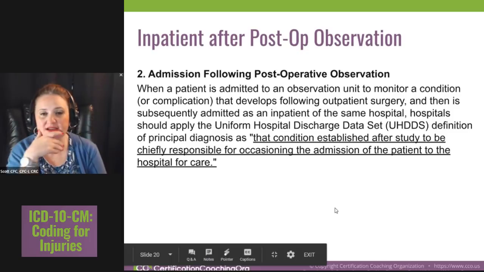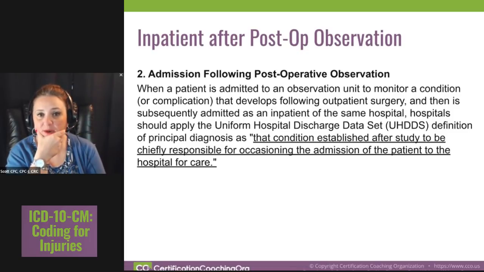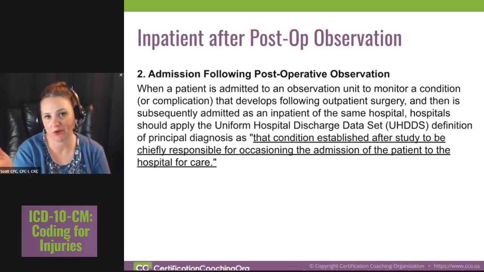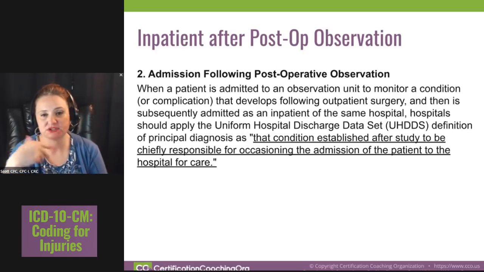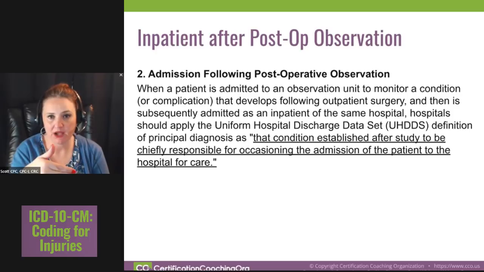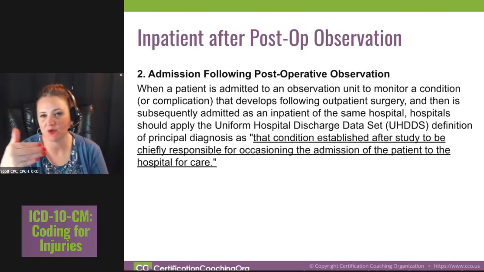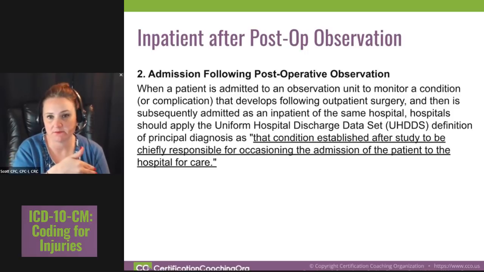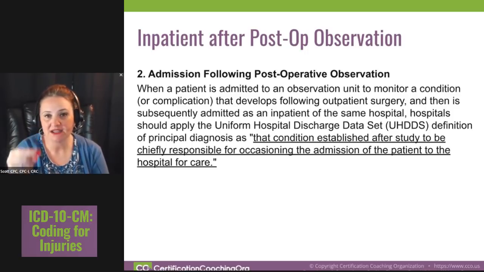And likewise, let's say we have a post-op observation, which is really what we would have been talking about versus the previous slide, because the patient would have been in the operating room, they were watching them, so they were in post-op observation, and then they admitted them, right? So what is the diagnosis?